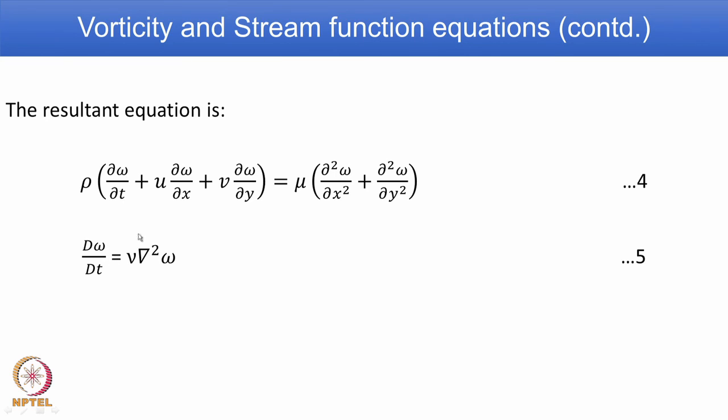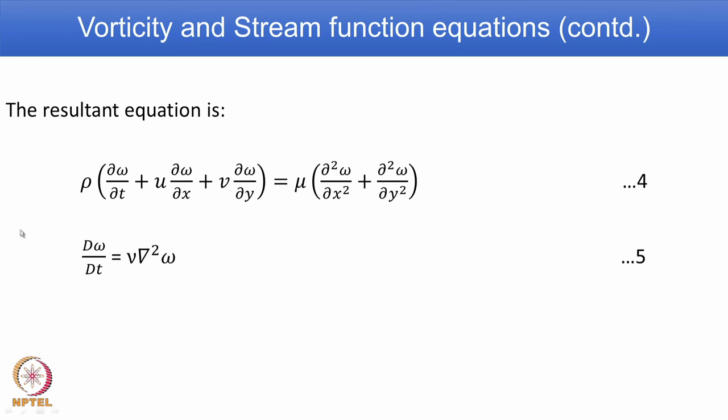The difference here is you see the function u is u, but it is not multiplying its own derivative, it is a different function. Hence the nonlinearity associated with the convected term in the original momentum equation is simplified in this equation.